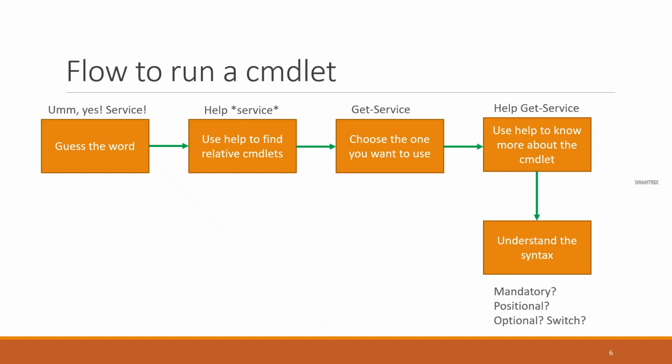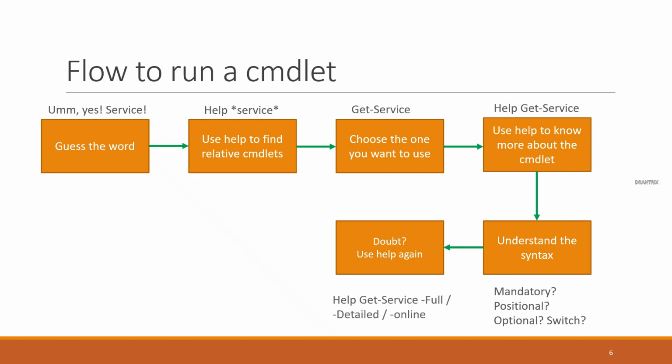Go and watch the video and then come back here. Okay, so coming back to this. If you still have doubt, you can use the help once again by using help Get-Service, and you include the full, detailed or online parameter to know more about how you can use this cmdlet.